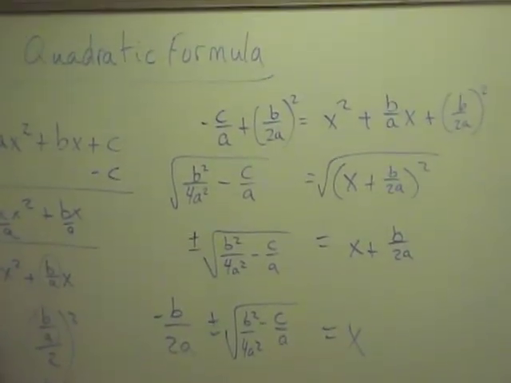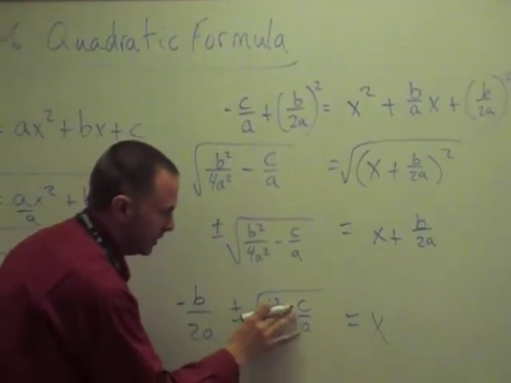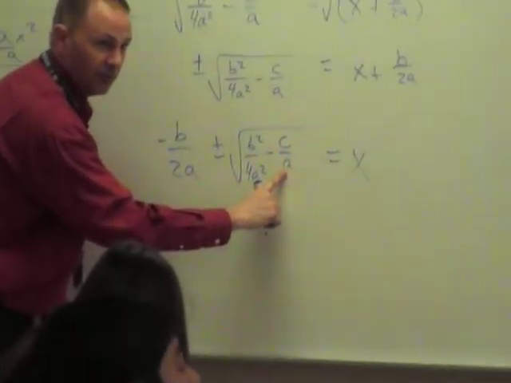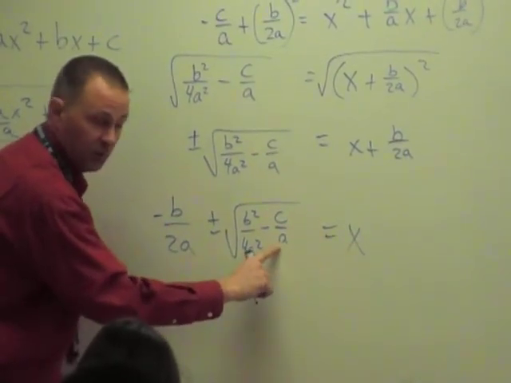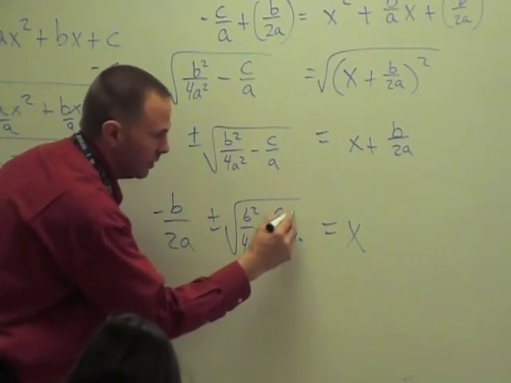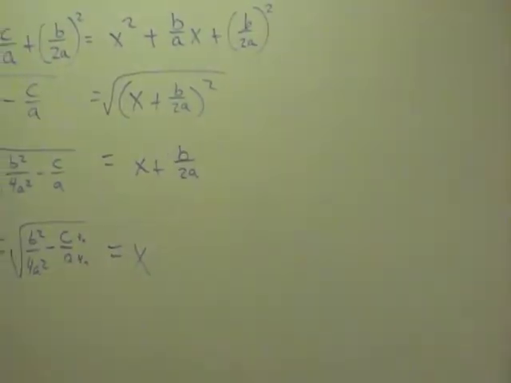Okay? I want to put these two fractions together. What does that have to be? Squared. It needs a 4 too, doesn't it? Yeah. So if we multiply by 4a, we'd have to multiply the top by 4a.